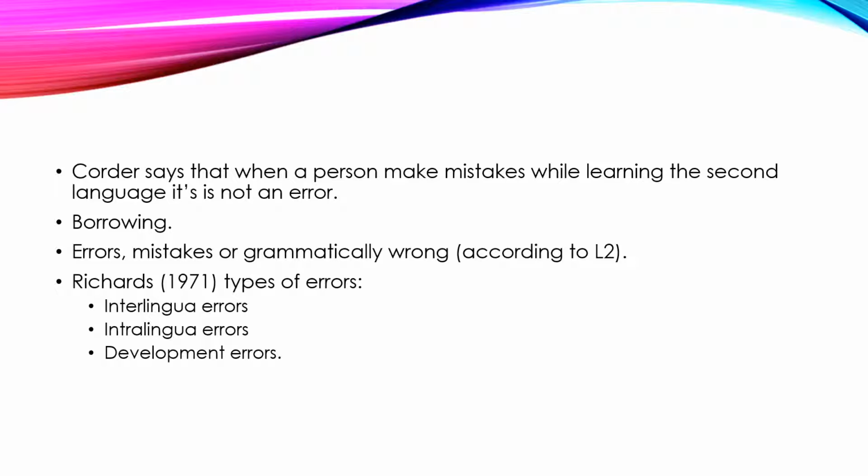The first one are interlingual errors, those which are identified as interference of a known language for the learner. Usually those errors come from his mother language. The intralingual errors are due to the use of strategies like overgeneralization and simplification, and developmental errors, which are similar to the ones made by children learning L1, where the errors disappear after some time in the acquisition process.